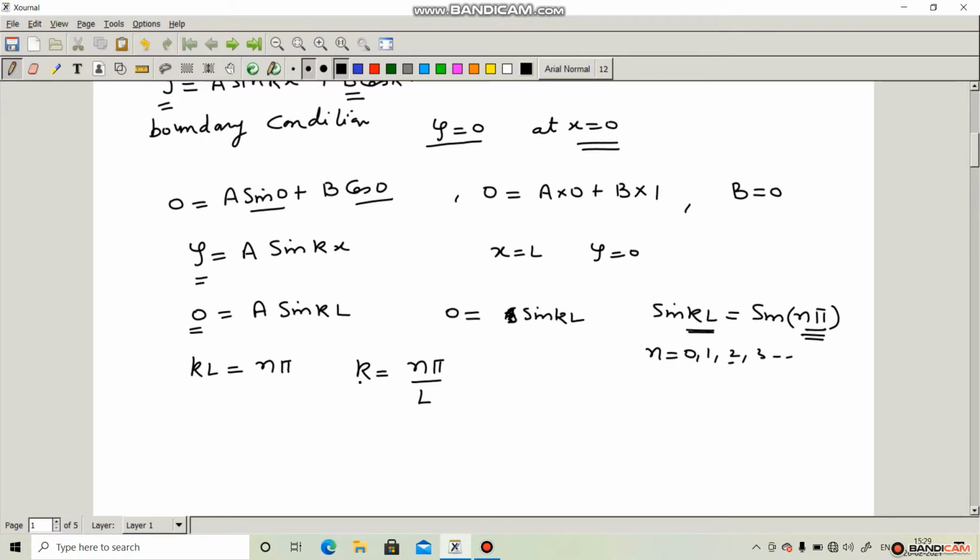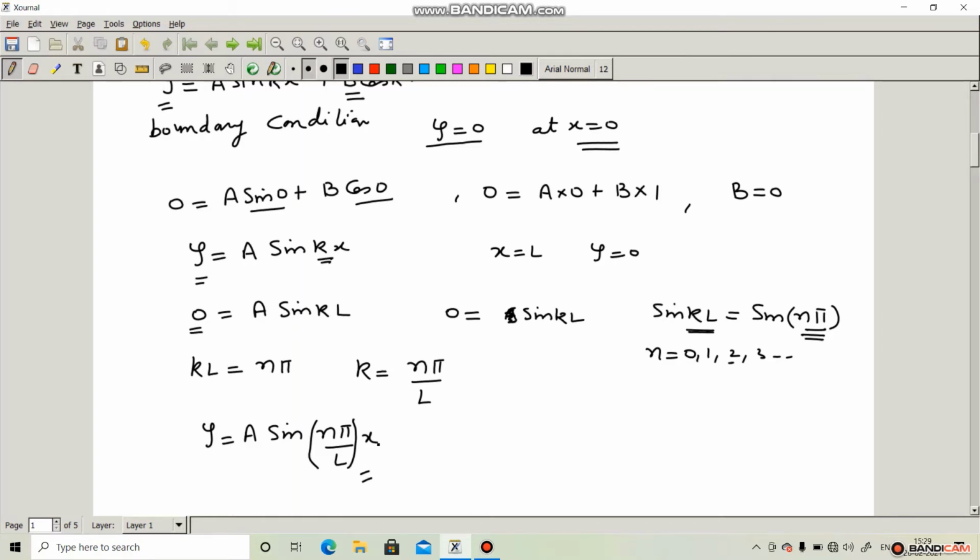Now if we put the value of k in this equation, psi is equal to a sin n pi x upon L. This is the wave function, a sin n pi x over L. This is the solution.